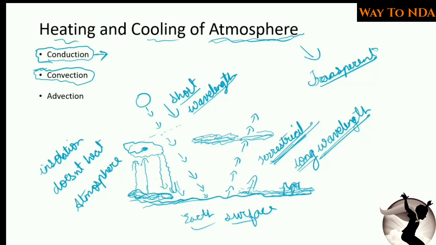Okay, so here you will see the air which is heated up rises up, and the cold air goes down. So this gives rise to the cycle. Okay, and this is called convection, in which the air transfer is going on, the cycle is going on.